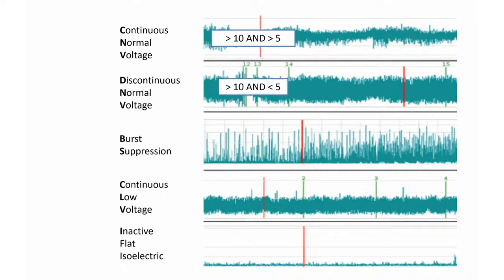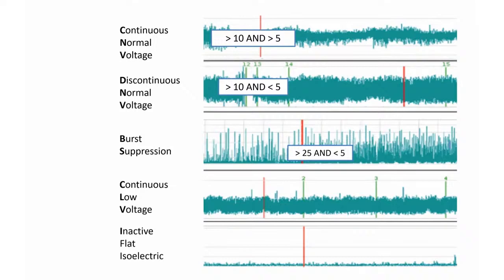Discontinuous, which is our pattern that we expect with our preterm babies, our upper margin is still always greater than 10, but because of the inconsistency in their brains, we allow the lower margin to be less than 5, or we expect it to be less than 5. Burst suppression is by definition, the lower margin is always less than 5, but the bursts cause your aEEG pattern to always be at least 25 microvolts.